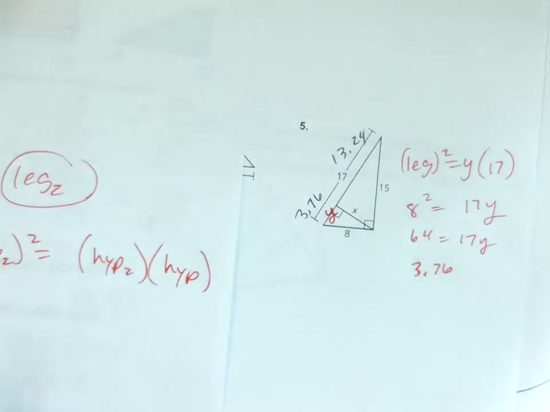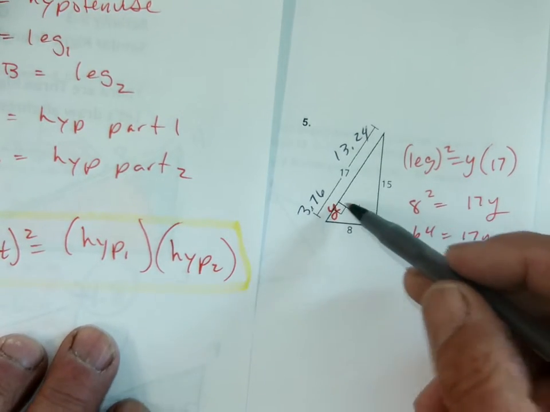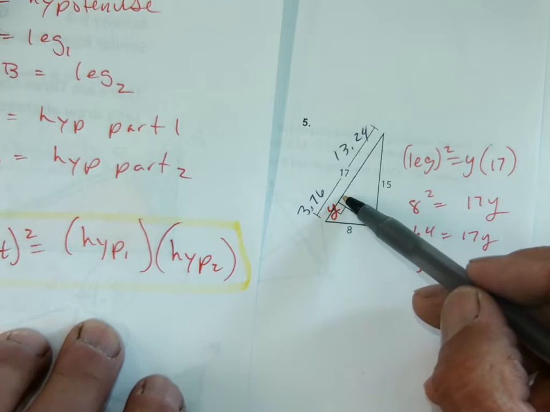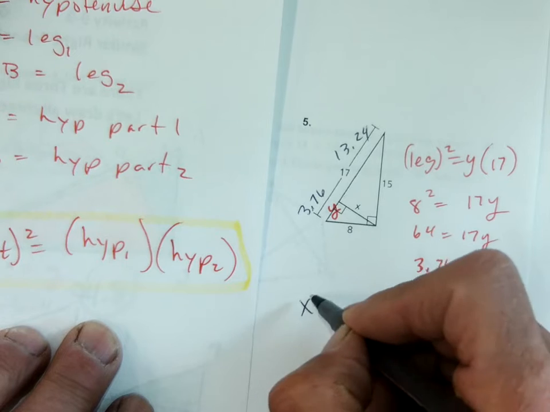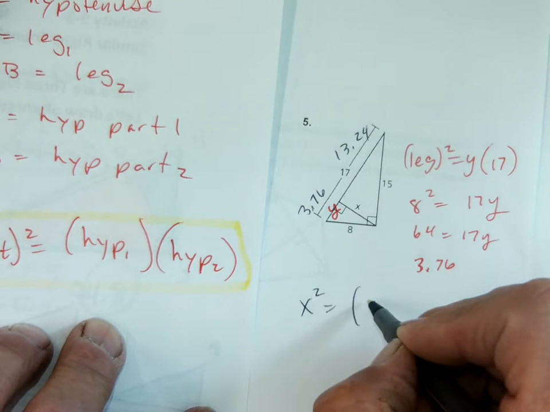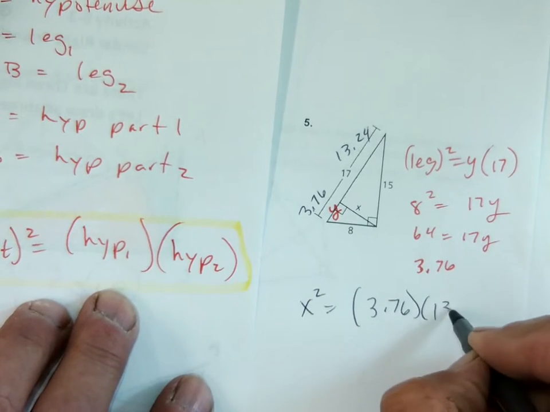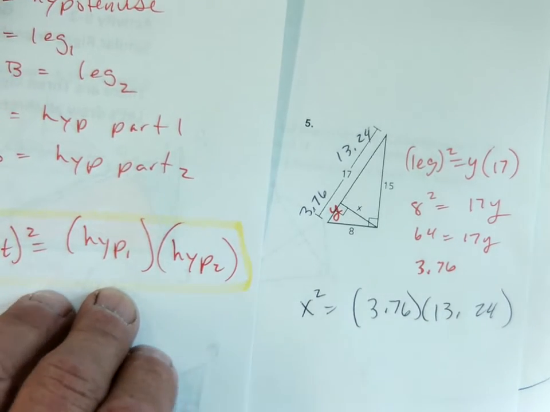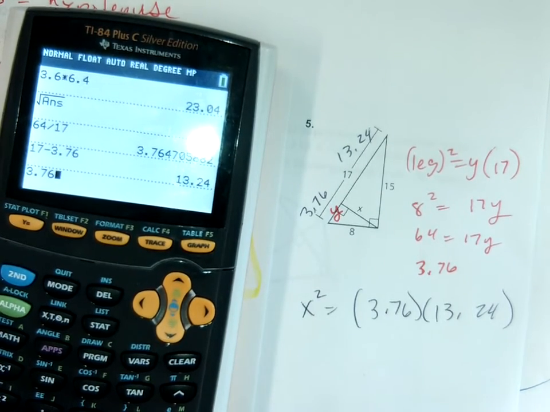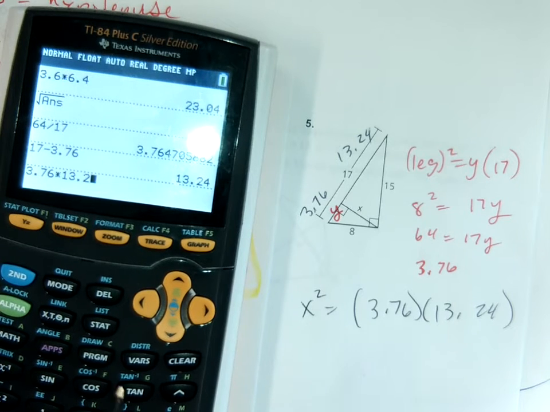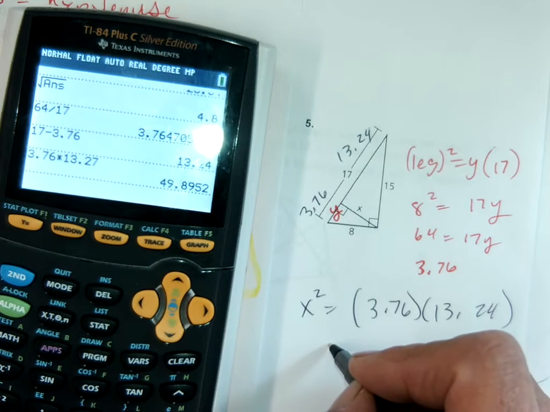Now I've got a formula with the altitude. My altitude formula says altitude squared is equal to this piece times this piece. So my altitude squared, which is my x squared, equals my piece 3.76 times my other piece, 13.24. 3.76 times 13.24 is about 49.9.